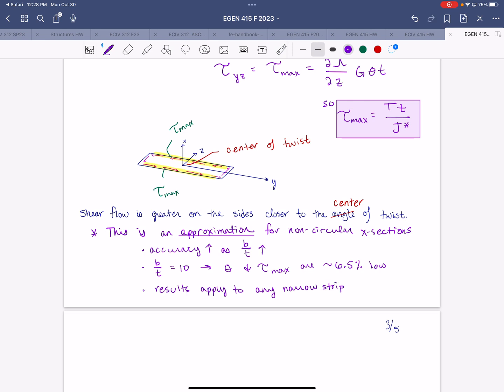So my last comment here, the results of these calcs can be applied to any narrow strip. It doesn't matter if it's a straight one like we looked at here, or if it's curved or bent. You can apply it to any narrow strip.